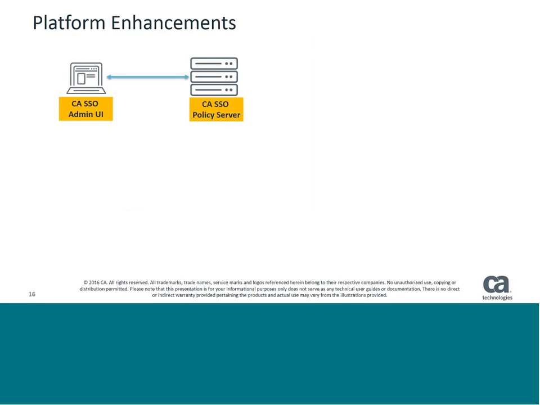Another area that's really important, I think, to touch on here is related to platform enhancements, and so we'll slow this slide down a little bit and talk you through bits and pieces of this. On the SSO admin UI side, one of the things that we did with the 12.6 release was increment forward the application to become a 64-bit application, and that has side benefits around performance.